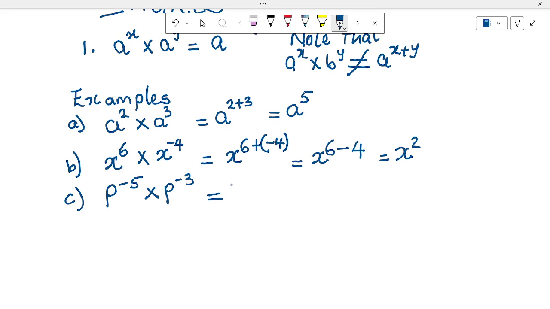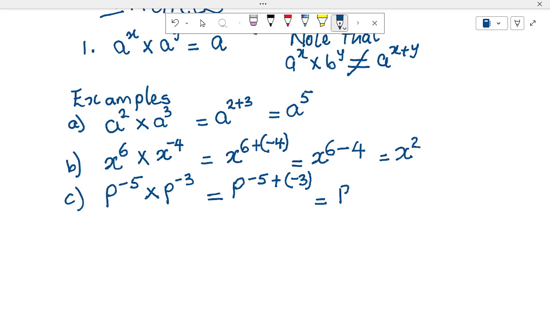Okay, follow me as I solve it. We have p raised to power minus 5 plus minus 3. Like I said earlier, when you have plus and minus together, the negative sign, which is the minus sign, dominates.